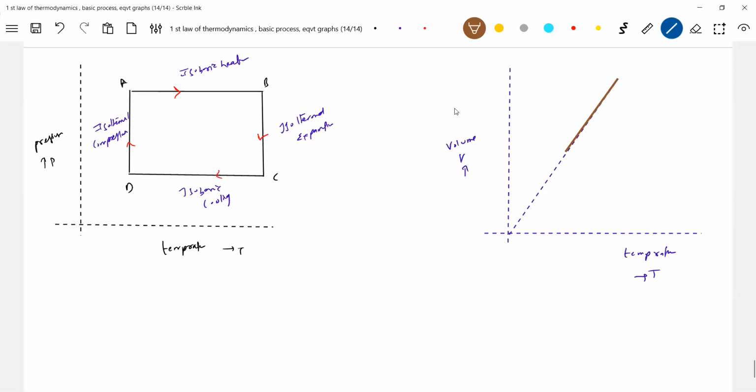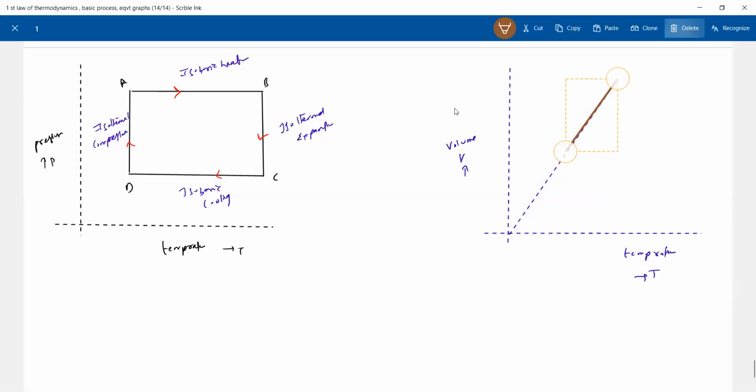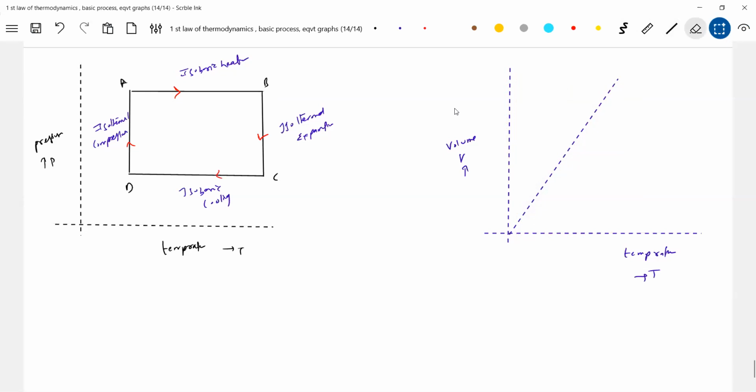Isothermal expansion. Isobaric heating, okay, this is okay. Pressure constant, volume increases, temperature increases. Then isothermal expansion: temperature constant, volume increases. I think this curve. Let me redraw it. It should come here.